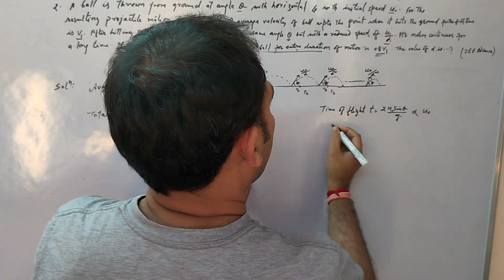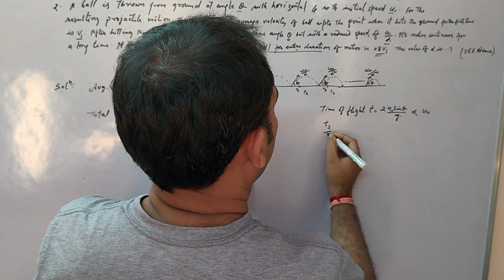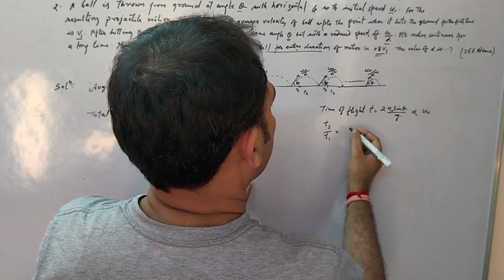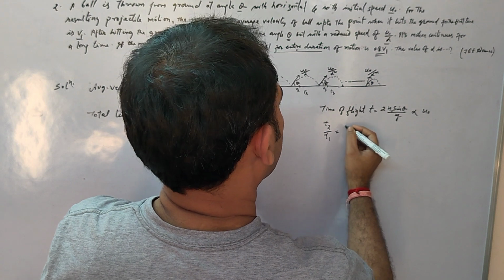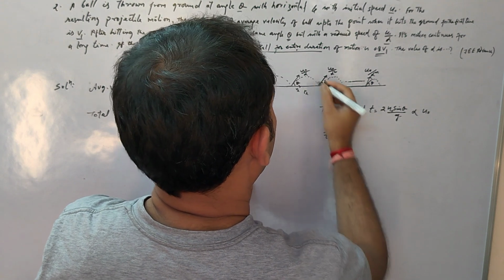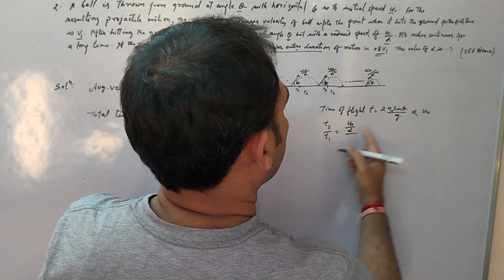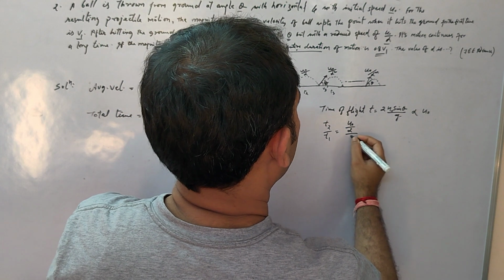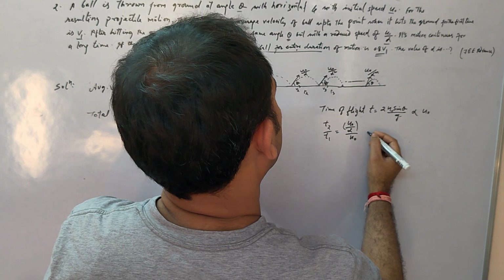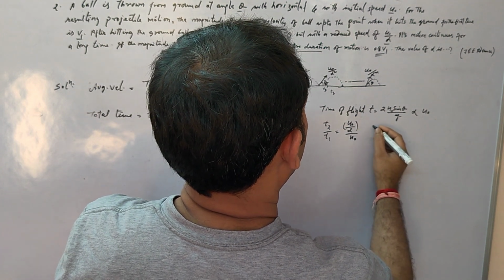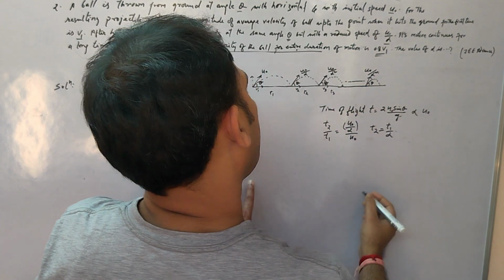So if we take t2 upon t1, it will be u naught by alpha upon u naught, since t1 is directly proportional to u naught and t2 is directly proportional to this. So from here t2 will be equal to t1 by alpha.